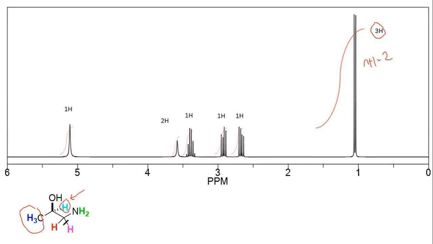The only time that multiple hydrogens on the same carbon are going to be non-equivalent is in a situation like this, where you have a CH2 that's next door to a chiral center. But 99% of the time, all three of these hydrogens are going to be equivalent to each other. So they're going to be represented by the same signal.